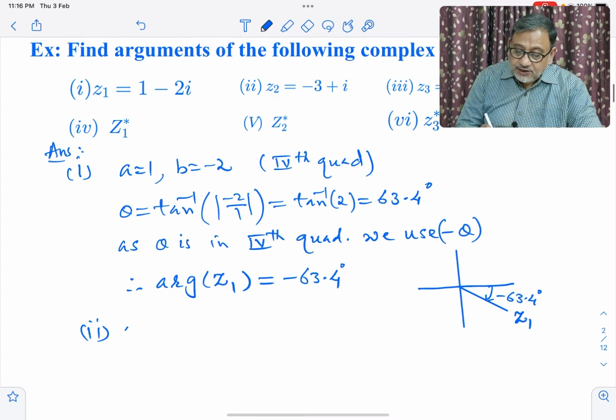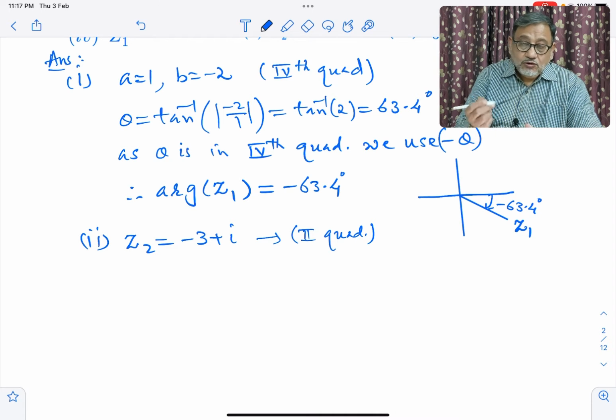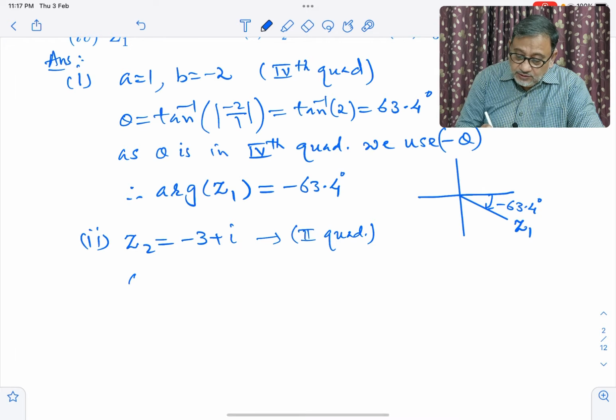In the second part, I wrote Z2 is equal to minus 3 plus i. So now look here. This is in the second quadrant. So I hope you will not get confused. So here A is negative 3, the real part, and B is 1, the imaginary part.